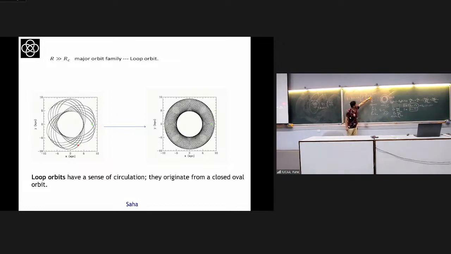That comes from there, clear, right? So what is Vc squared? It is r del phi by del r. That's all.